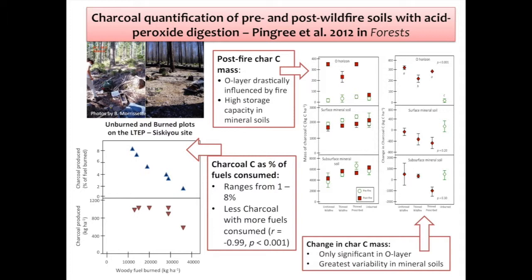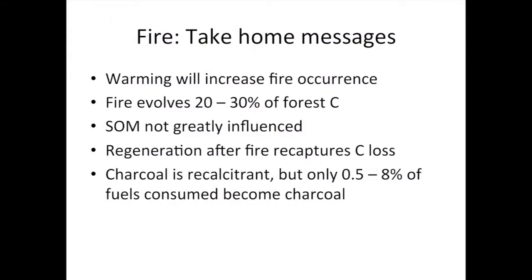Excuse me, this is unburned on the far left, thinned and burned in prescribed fire, and then wildfire on the far right. And this just shows the amount of charcoal carbon generated based on the amount of woody materials consumed in a fire event, and it ranges from about 1 to 8% of the biomass actually converted to charcoal, probably closer to 1 to 3%. So it's similar to humus formation, but it is instantaneous.